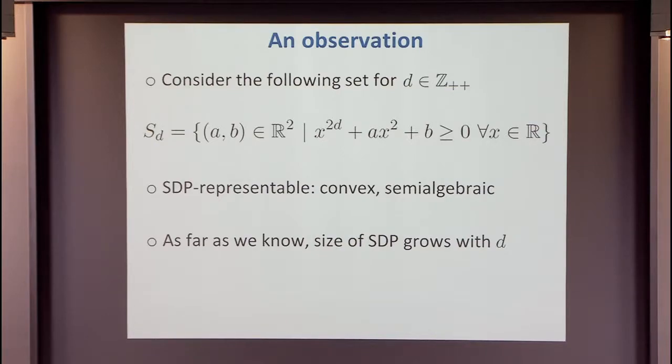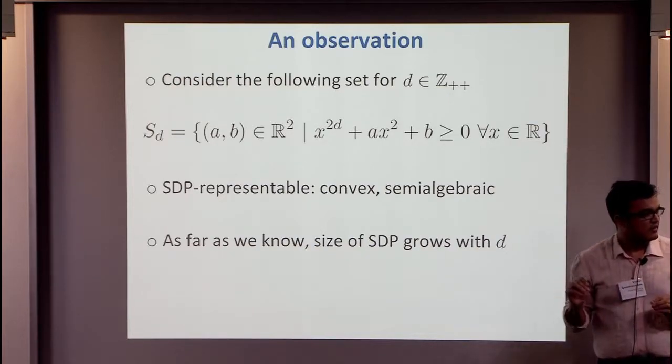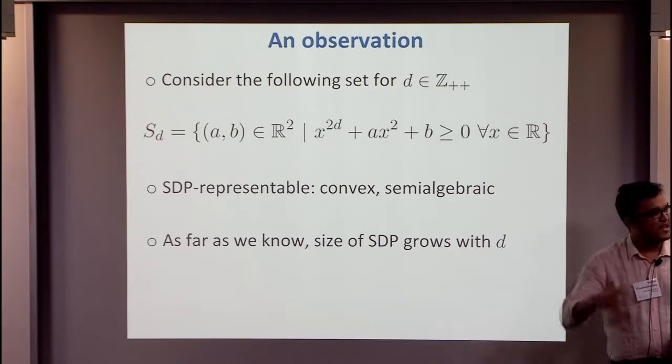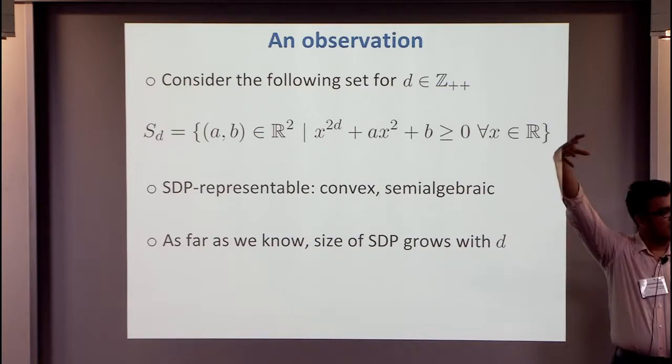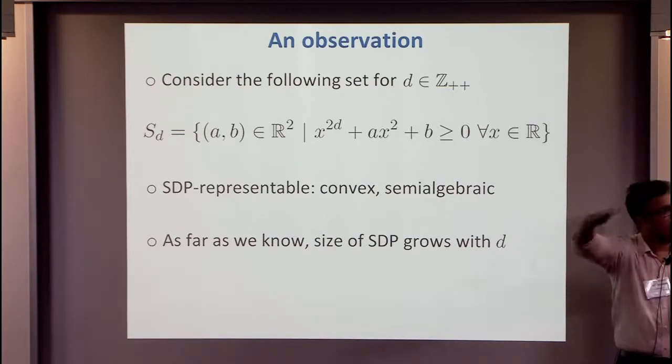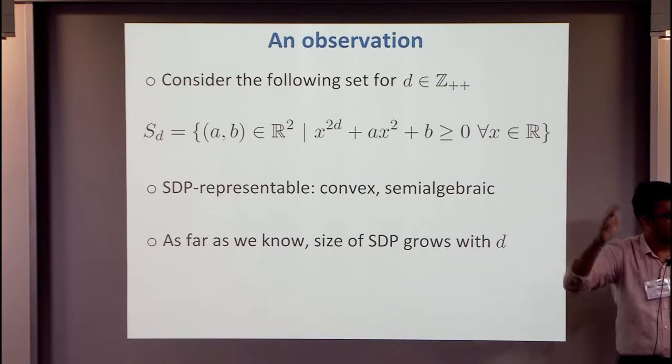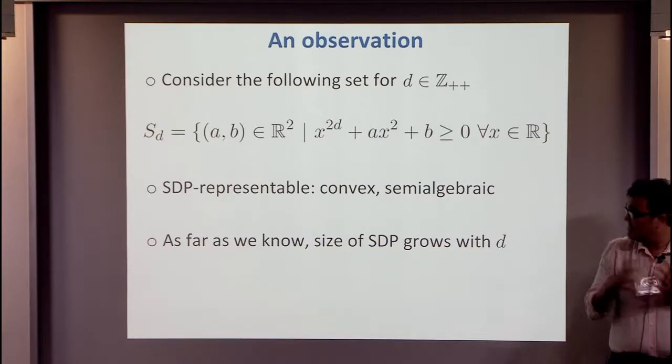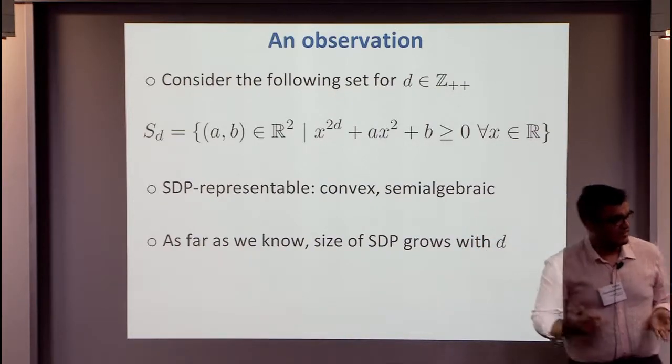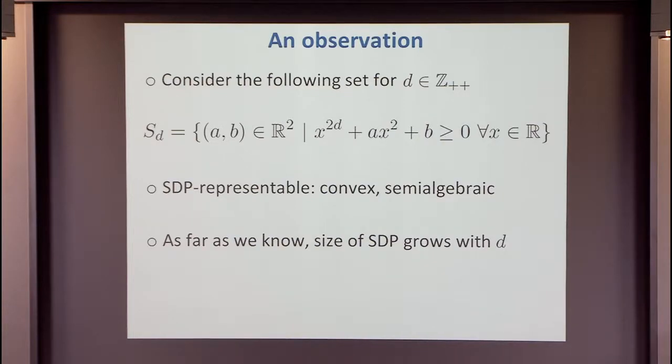But SDP description means exact? Exact SDP representation of the set. By that I mean a projection onto two dimensions of a larger SDP cone slice with an affine space. It exists, based on sum of squares. That's an existence proof.